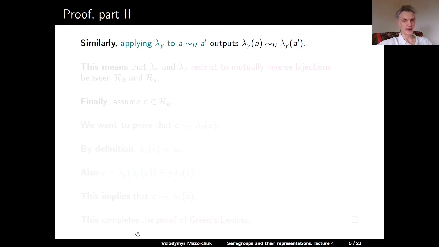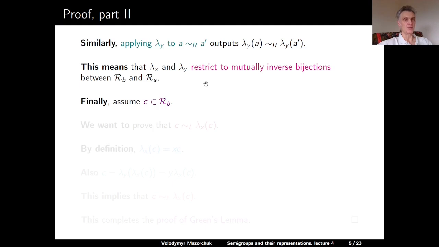So lambda y of a is right equivalent to lambda y of a prime. And this means that lambda x and lambda y indeed restrict to mutually inverse bijections between the R class of B and the R class of A. So this proves the first claim of Green's lemma.